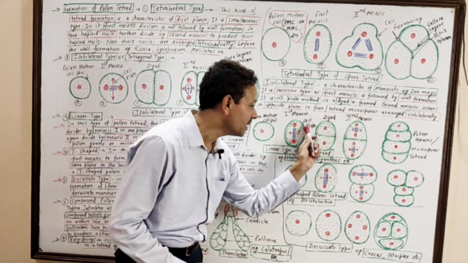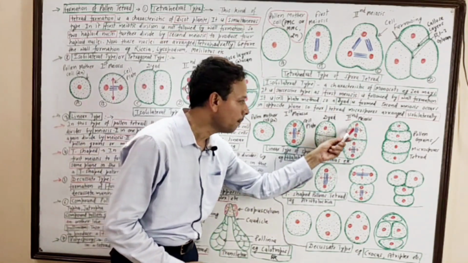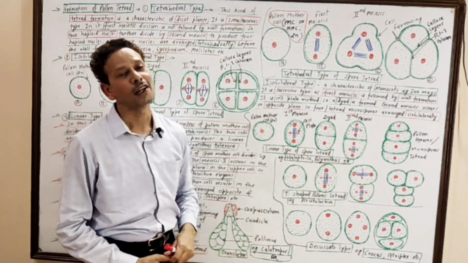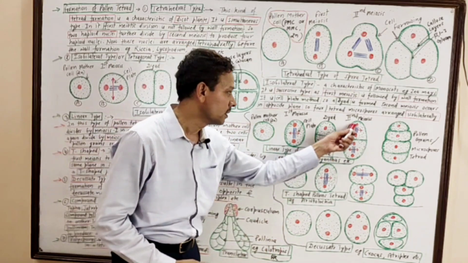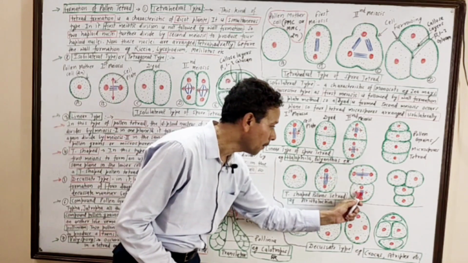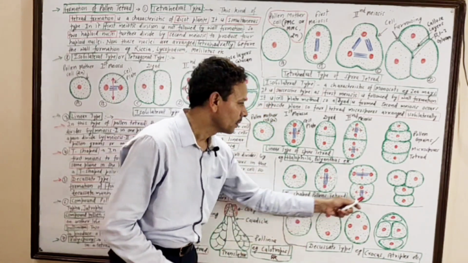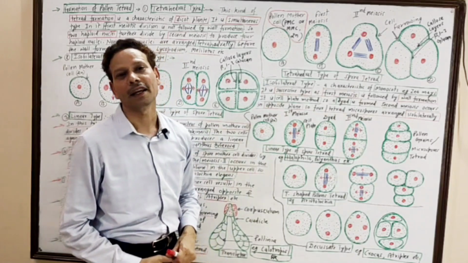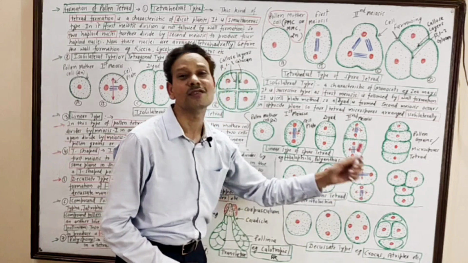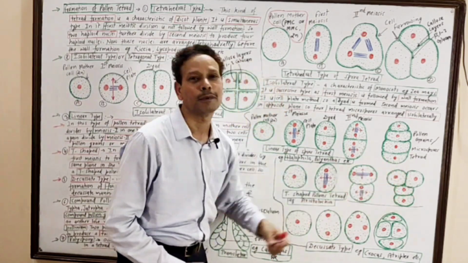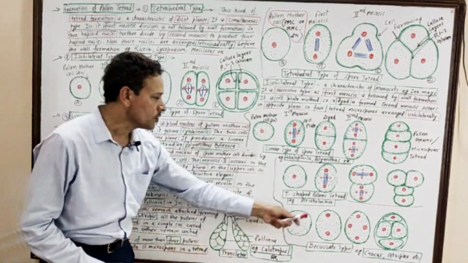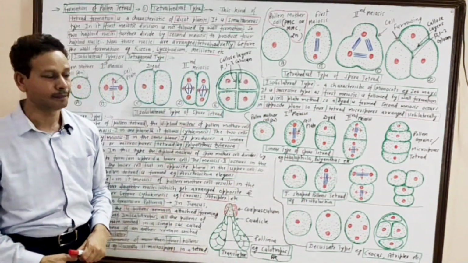But dear students, in the linear type, in the upper and lower cells, the cell division, meiosis second, cell plate formation occurs in the same plane. But here in these upper and lower cells, the meiosis second, cell plate formation occurs opposite to each other. As a result, a T-shaped tetrad is formed. That is a characteristic feature of Aristolochia.